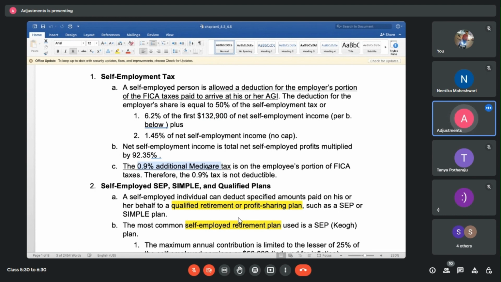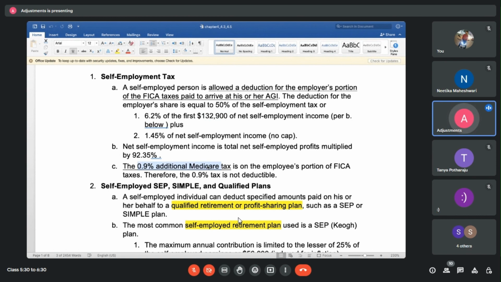But if you see other taxes in the return, you should ask, what is that other tax coming for? It will tell you there's an additional Medicare tax. Because the income has crossed a certain limit, there is an extra tax on rich people that they want to put.